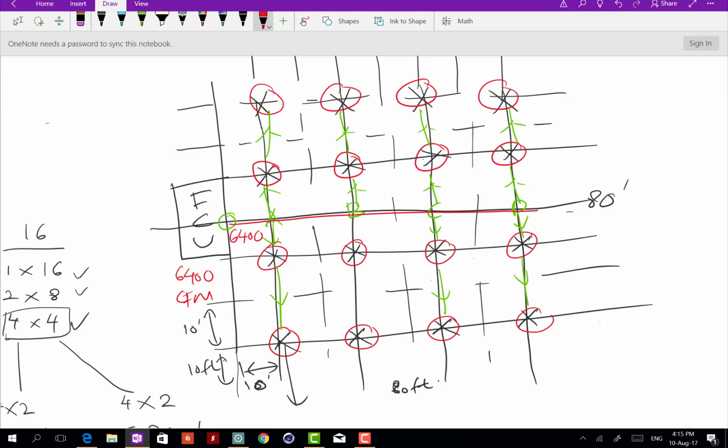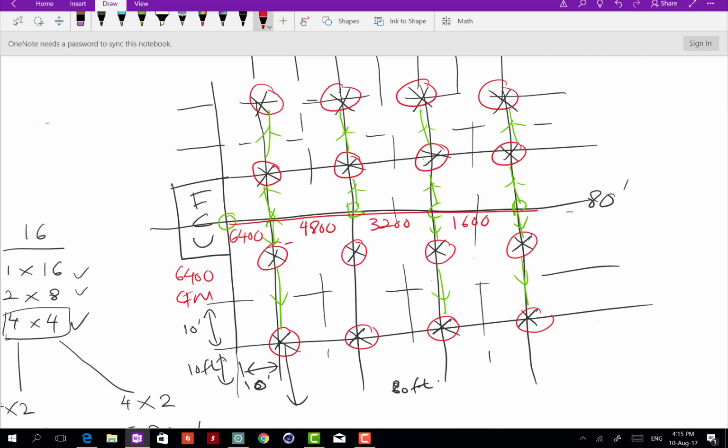So the remaining airflow rate here is 6400 minus 1600, so we get 4800 CFM only. On the AB section the CFM becomes 4800, and then the next section we minus another 1600, becomes 3200, and the last 1600 CFM is shared between the 4 diffusers. So that is all the main duct.